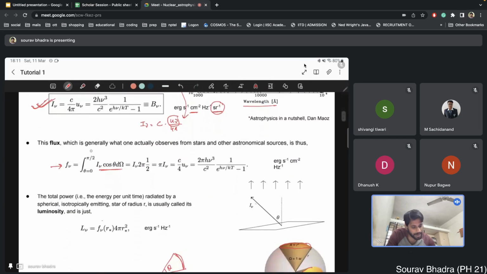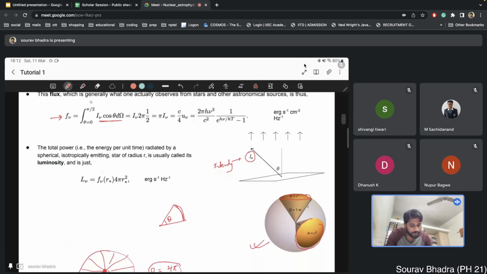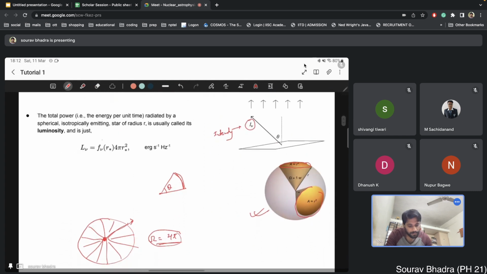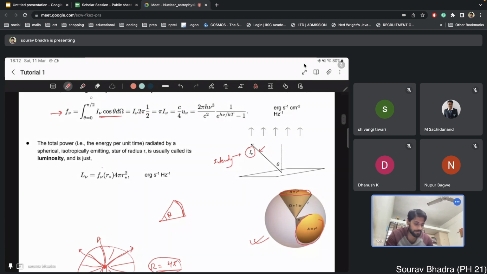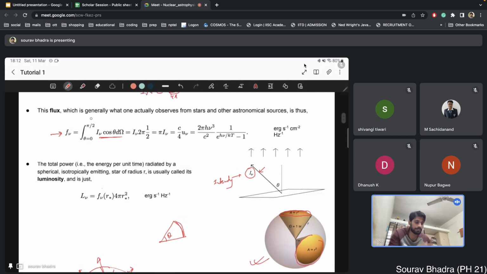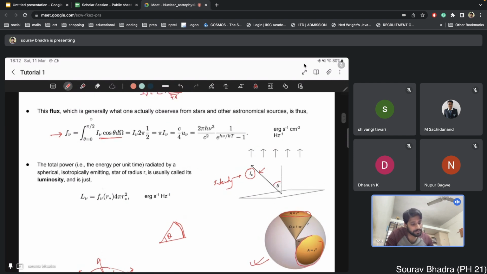This was your I nu, that means intensity. And intensity, as I showed you, is going in every direction, so it is a vector. So this is the intensity vector, and suppose it is making an angle theta with the surface through which it is going.